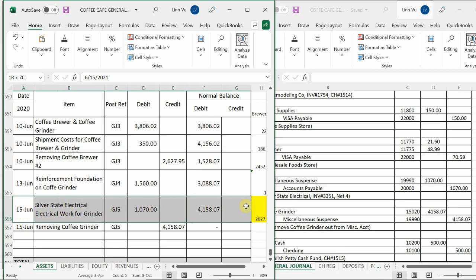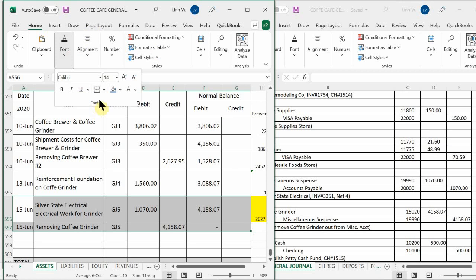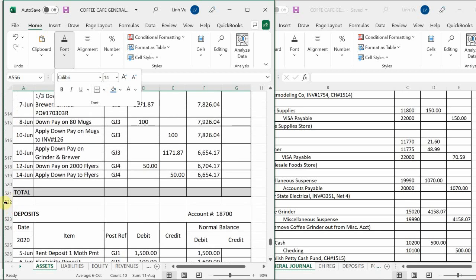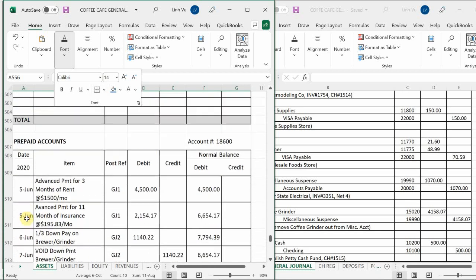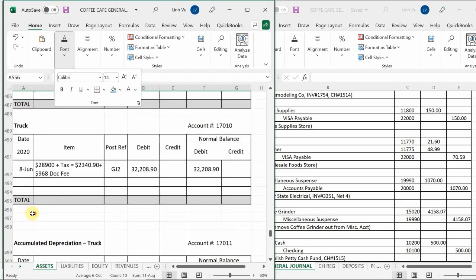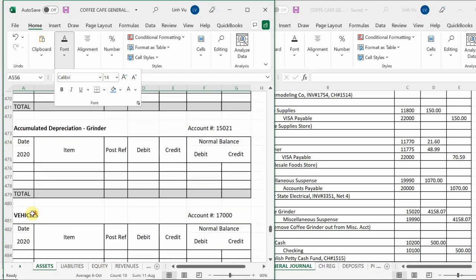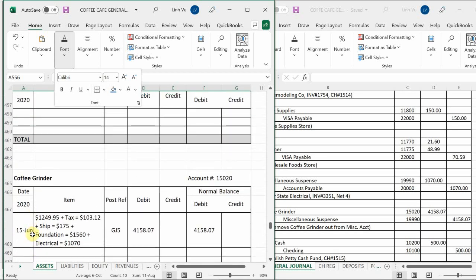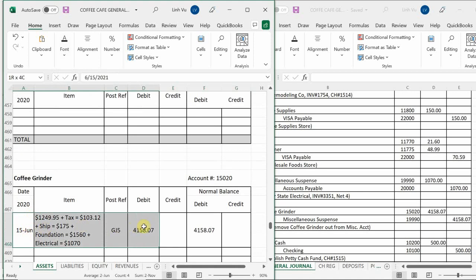Miscellaneous expense, right? We added this. And then we took it out. That was correct here. For the correct amounts. And we added the coffee grinder. For the matching amount.